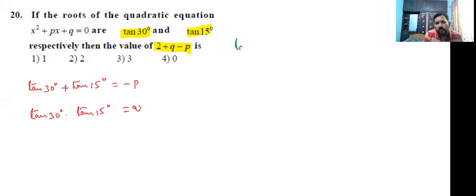What is that? We know tan 45. 45 I am going to write as 30 plus 15 or 15 plus 30, any one, no problem. Tan 45 value is 1, but the right hand side is in the form of tan of a plus b.